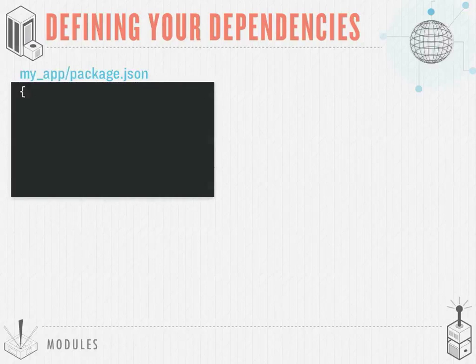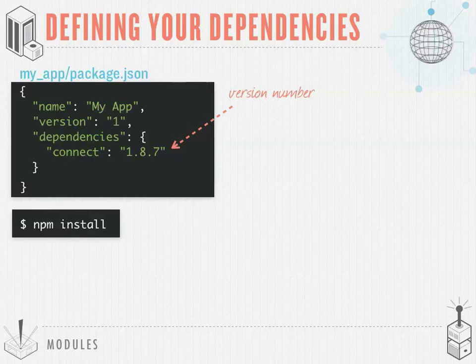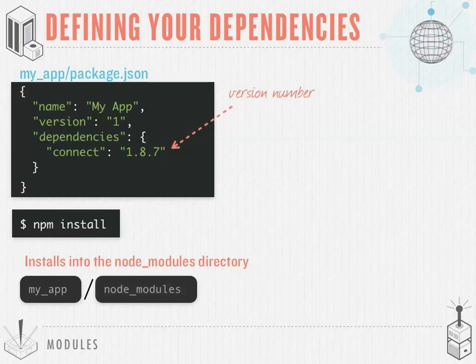All you have to do is define the name of your application, which version it currently is, and then you can pass in a dependencies object. In the dependencies object, we simply list the modules that we depend on next to their version numbers. After we have this package.json file defined, we can actually just run npm install from our app, and it'll go out and install all of our dependencies for us in the node_modules directory, as you can see here when we install the connect dependency.